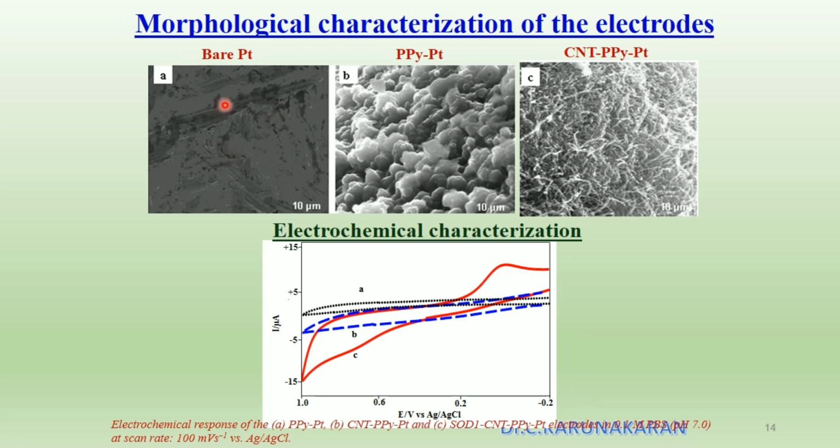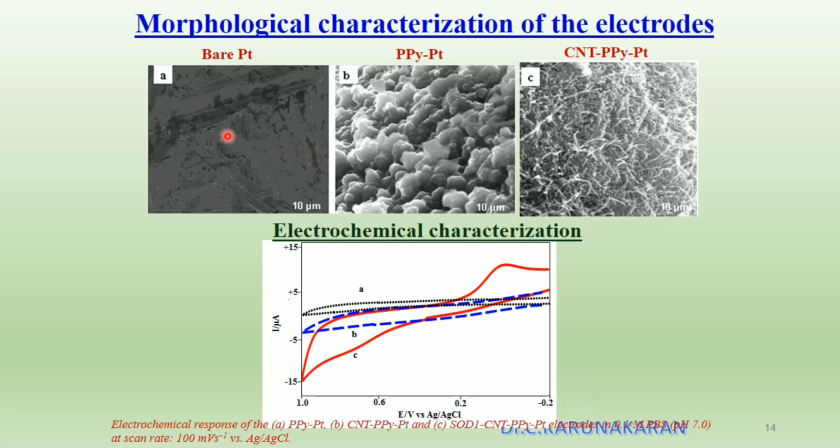The enzymes cannot bind to the electrode, whereas the enzymes can bind to this surface because the surface is now very porous. The porosity and nanoporous matrix is formed by a CNT modified polypyrrole platinum electrode.